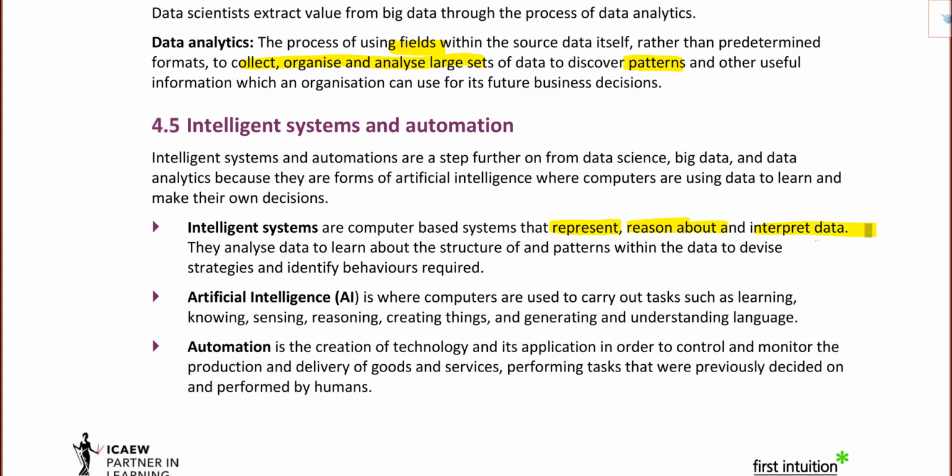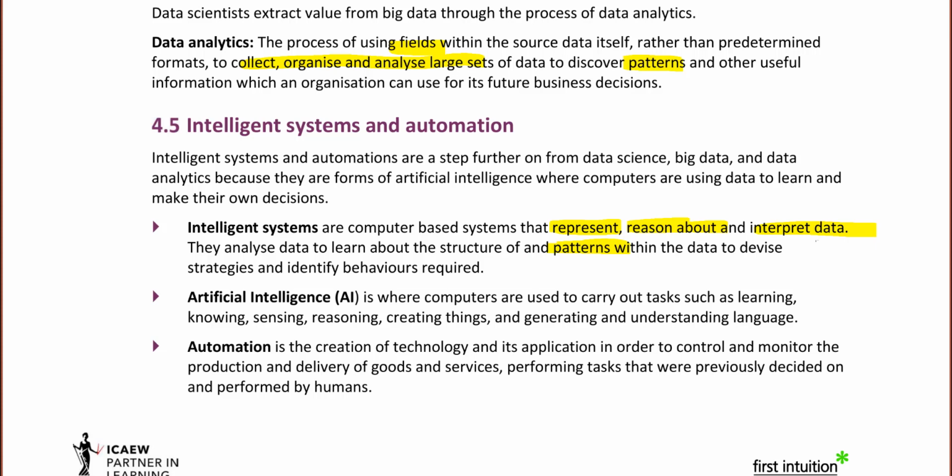Now these are very similar to our data scientists in that they analyse the data and try and pick out the structure of the data and look for patterns within the data. But they're computers doing it instead. And what these computers try and do is come up with strategies and identify behaviours that are required in different situations. The next one we've got there is artificial intelligence.